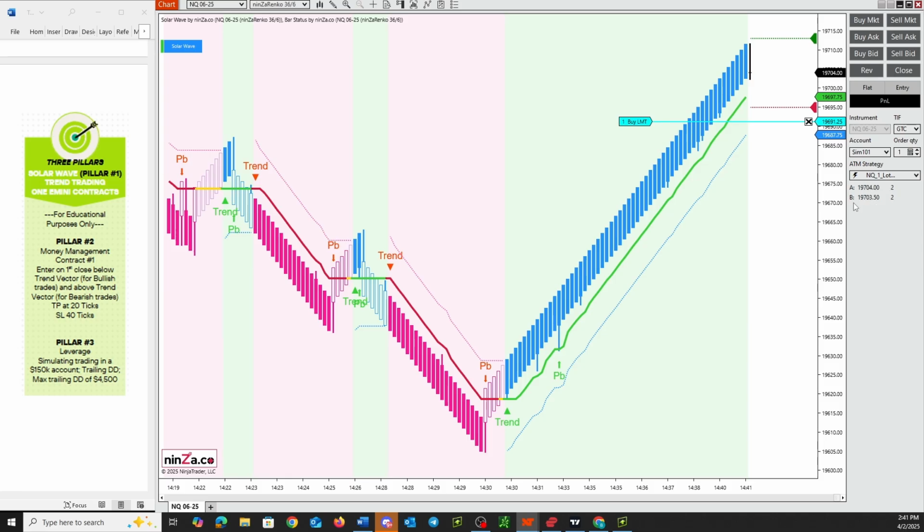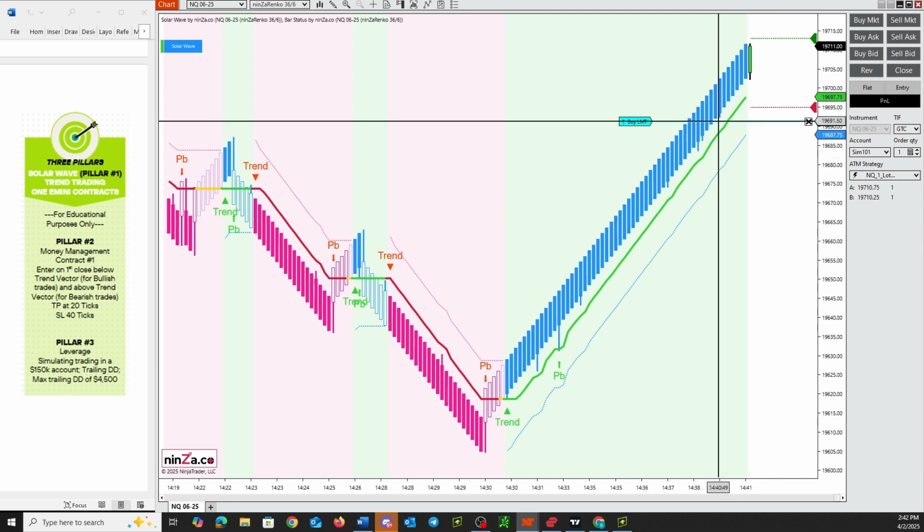All right, we're back over the overnight high, that area. It's just cutting right through that like it was nobody's business.